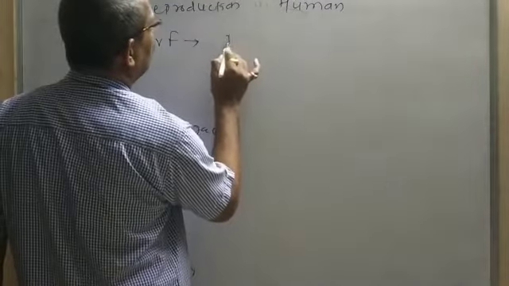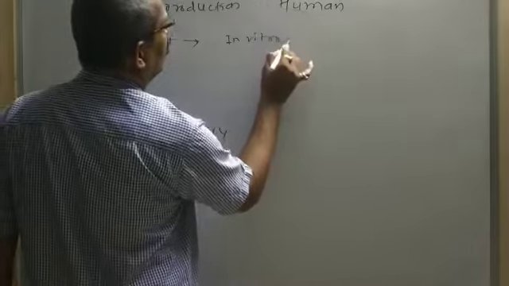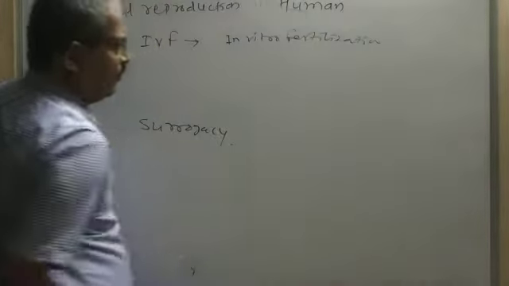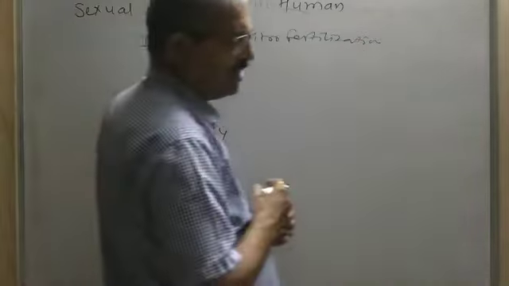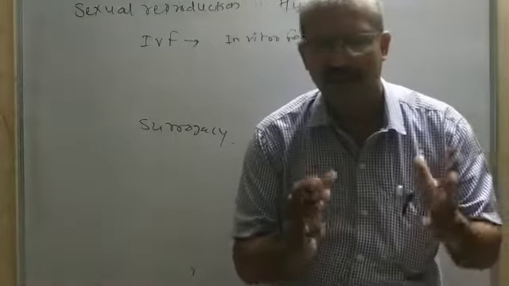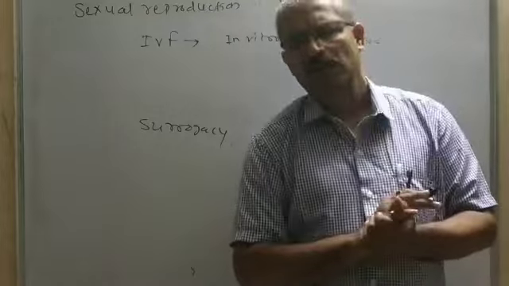IVF means in vitro fertilization. When certain kinds of problems are created either in the male or the female, then that couple is unable to give birth to young ones.